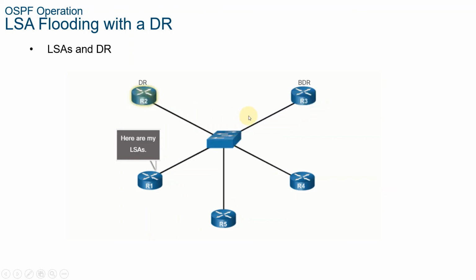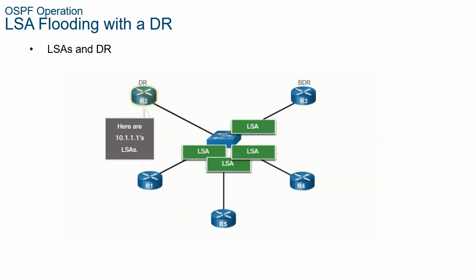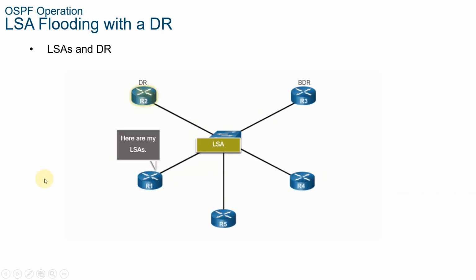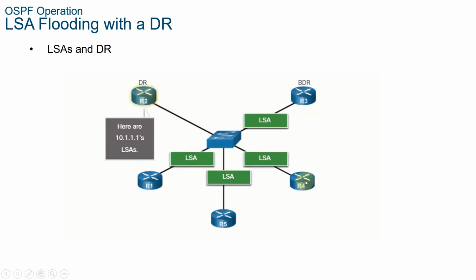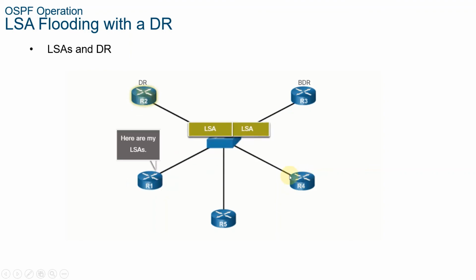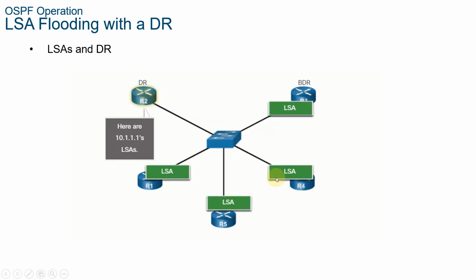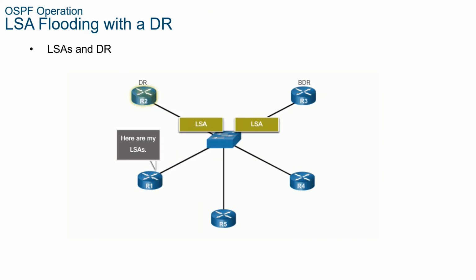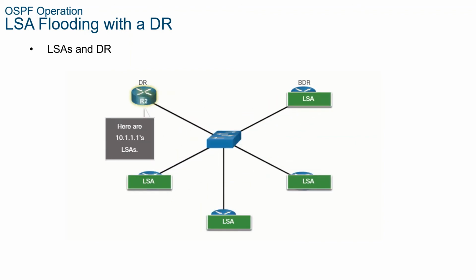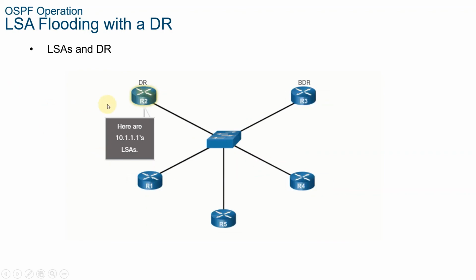All other routers become DROthers. A DROther is a router that is neither, again, a DR nor a BDR. So R1, R5, and R4 here are designated as DROthers. The DR is only used again for dissemination of the LSAs. The router will still use the best next hop router indicated in the routing table for the forwarding of all other packets.